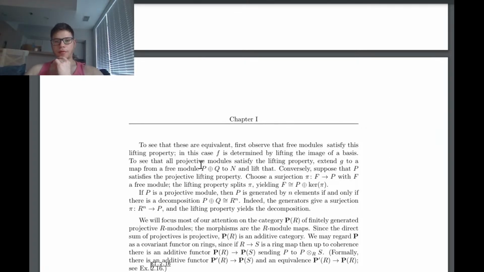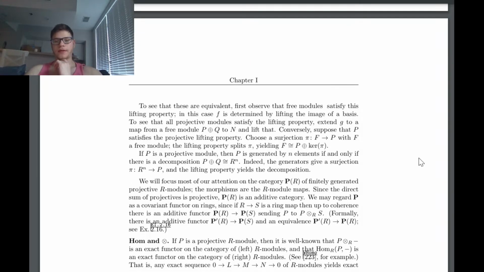Conversely, if P has the lifting property, you choose a surjection, then P has a section, and by splitting you get the direct sum.